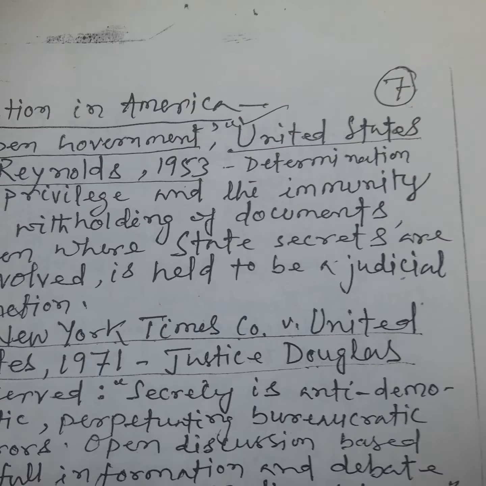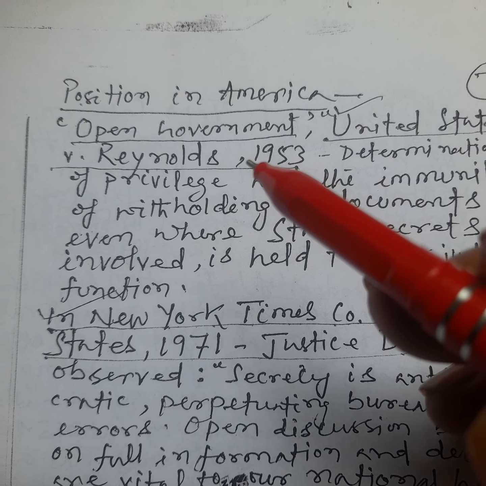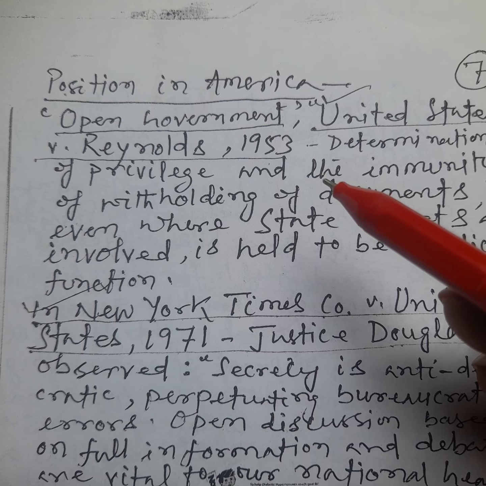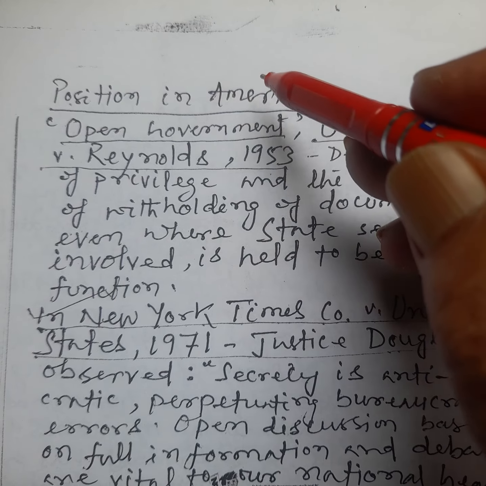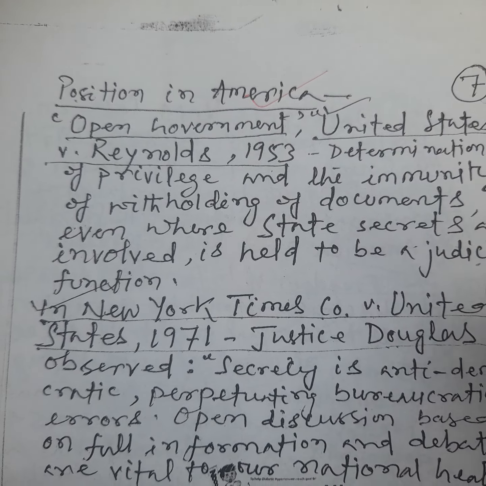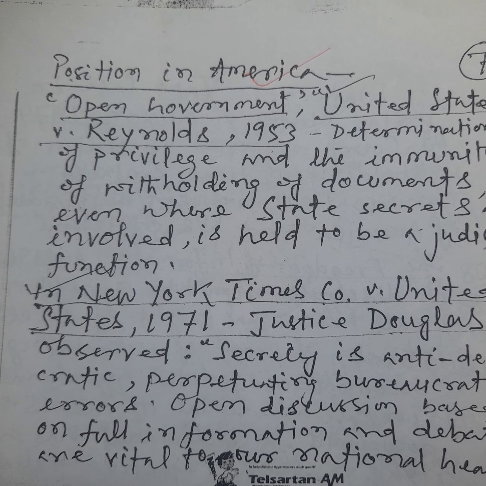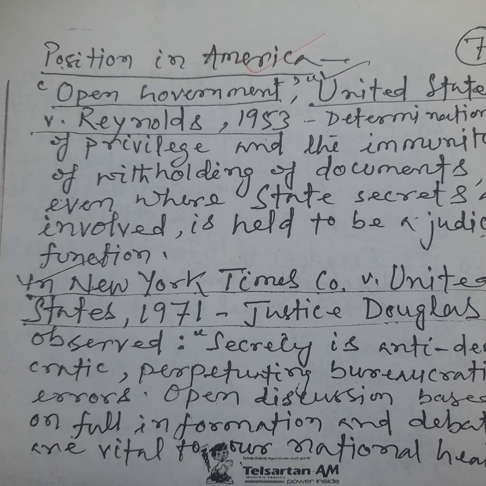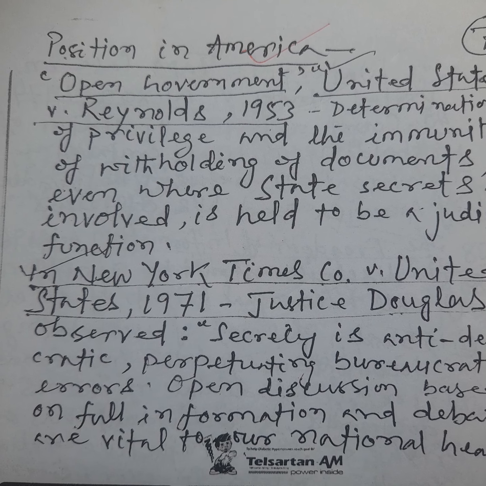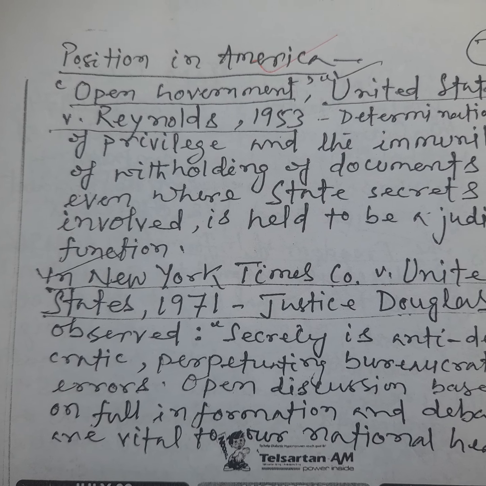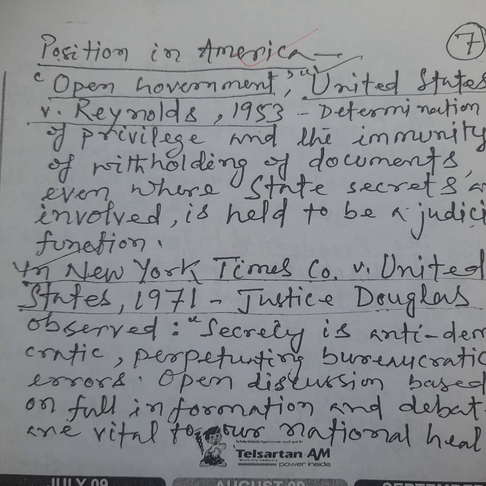So also now we'll go to the position of privileges as we find in the United States of America. As the American democratic system has a written and federal constitution, they have an open government.